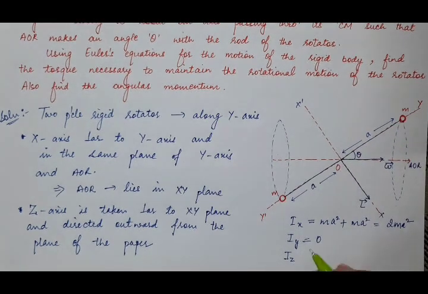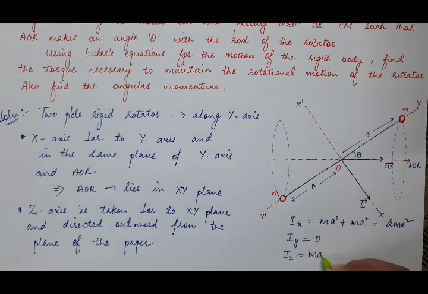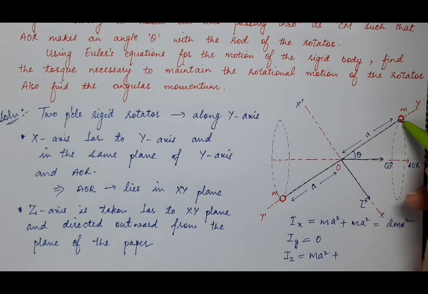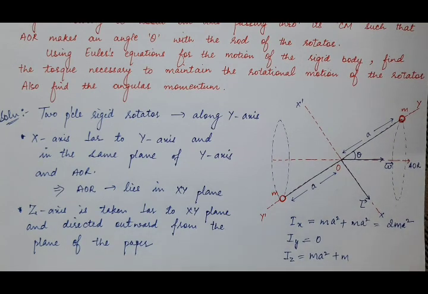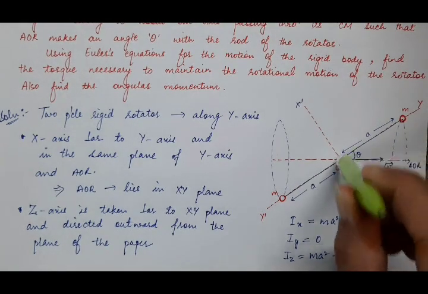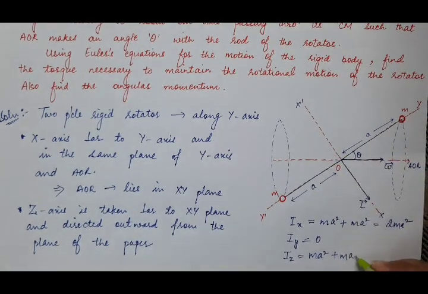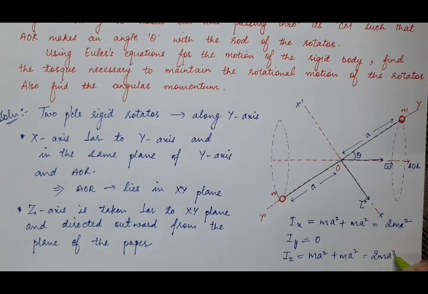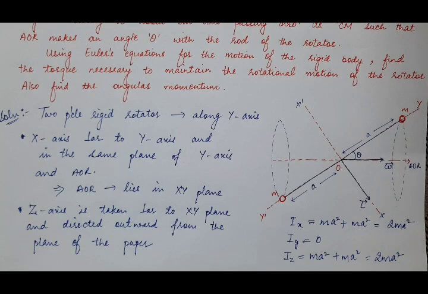So it will be ma square plus the second mass m2, which is m, and what is the perpendicular distance of this mass m from the z-axis? It is again a. So ma square plus ma square, it is again 2ma square. So we have found out the values of principal moments of inertia of a two-particle rigid rotator.